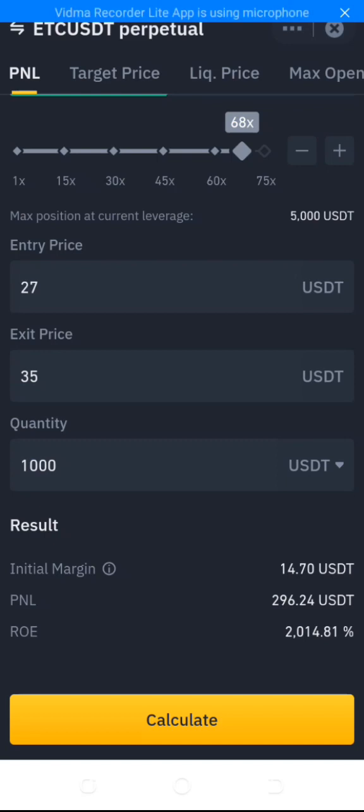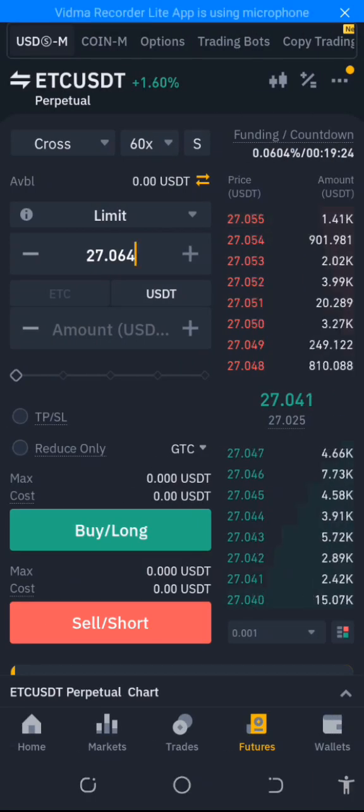So now let's assume we are done calculating our trade and we want to place a trade. All right. Remember that we said we are entering at 27 USDT and we are leaving at 35 USDT. So I will be going back to the futures trading area now. If I want to take this trade now, you see this place where they wrote limit. If I leave it on limit, I'm trading at a limit price.